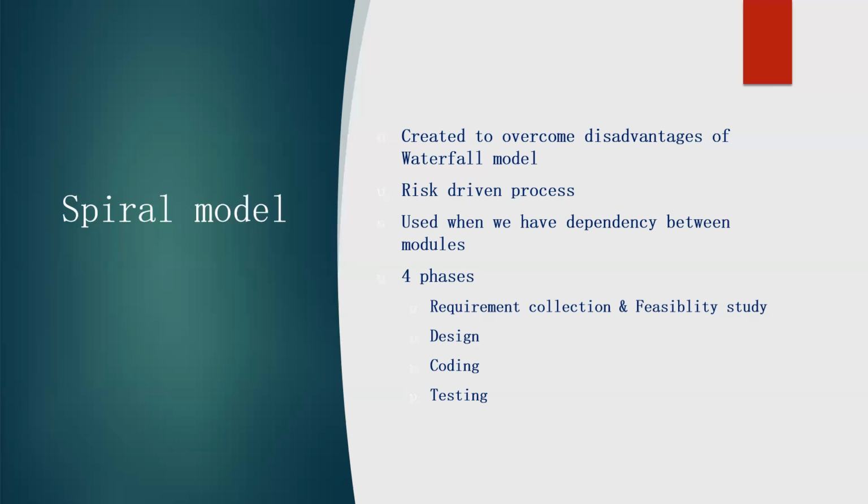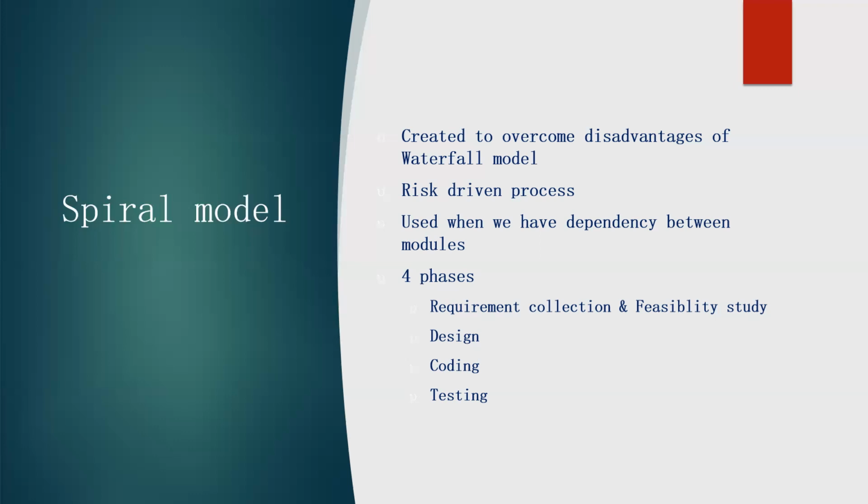A risk driven process means that in the earlier stages, in each phase, they will identify what all the risks the project will come across. Say I have around 4 resources working on certain modules, and suddenly one resource leaves the company.